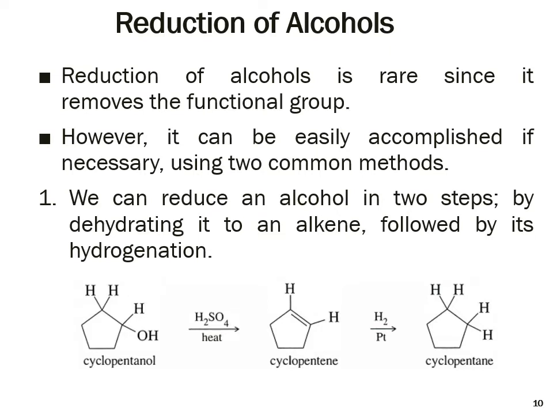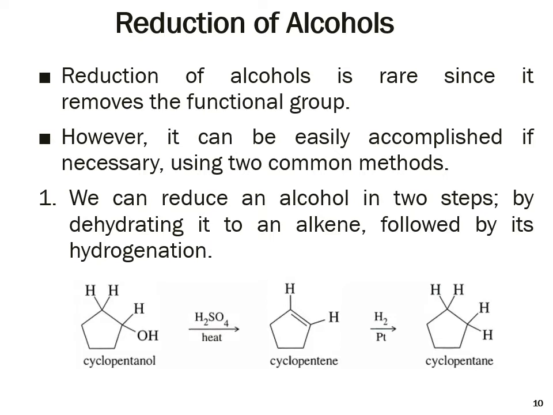The first one is, if you look at the reaction given at the bottom of this slide, we have an alcohol, cyclopentanol. We can reduce it in two steps. The first step would be its dehydration. If you dehydrate this alcohol using sulfuric acid, you will end up with an alkene.